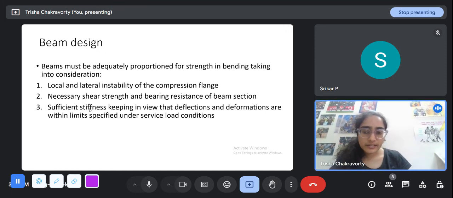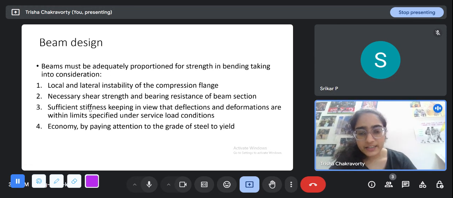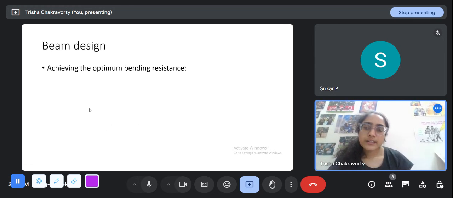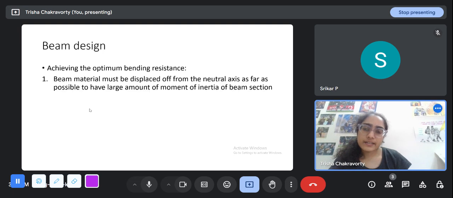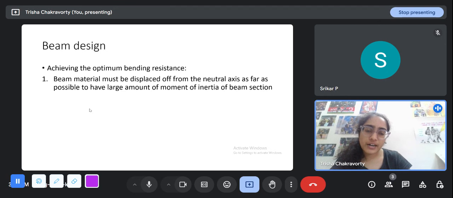And the other criterion apart from the ultimate limit state and serviceability limit state is economy, by paying attention to the grade of the steel to yield and the amount of material used. Now, to achieve the optimum bending resistance, the beam material must be displaced as far off from the neutral axis as possible to have a large moment of inertia of the beam section.